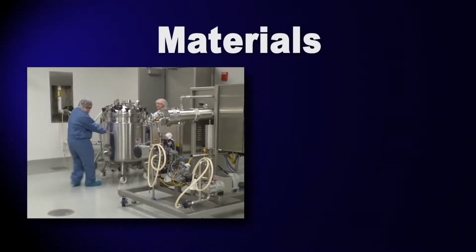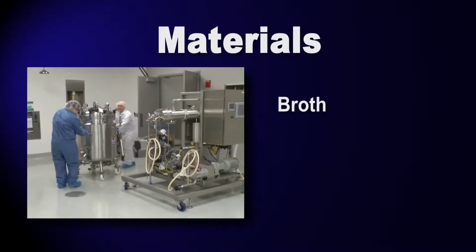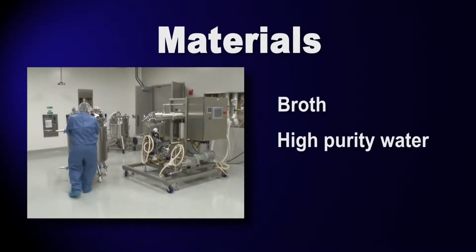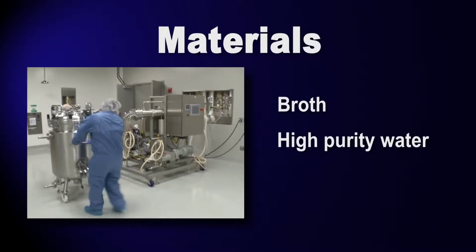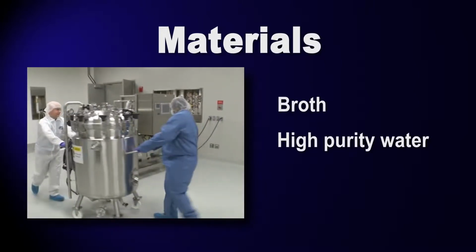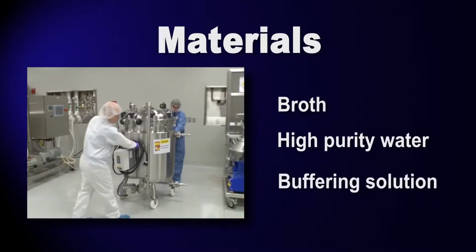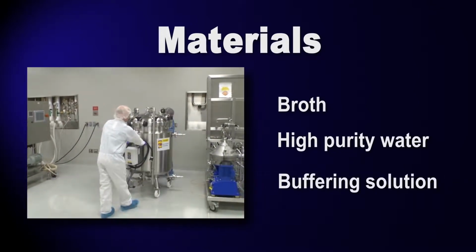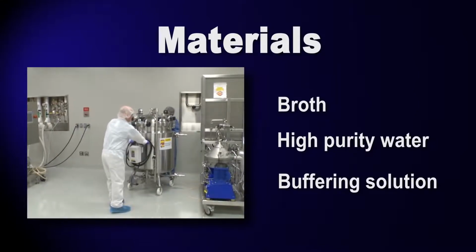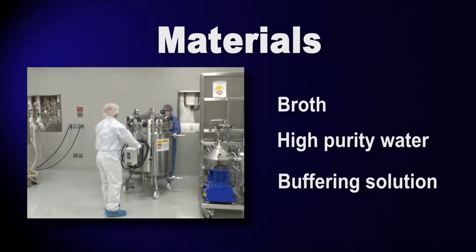Our materials include the broth from our fermentation process, high-purity water that has been reverse osmosis filtered, deionized, and UV sterilized, and a buffering solution to help stabilize the pH of our product and keep it in suspension and prevent the product from degrading.